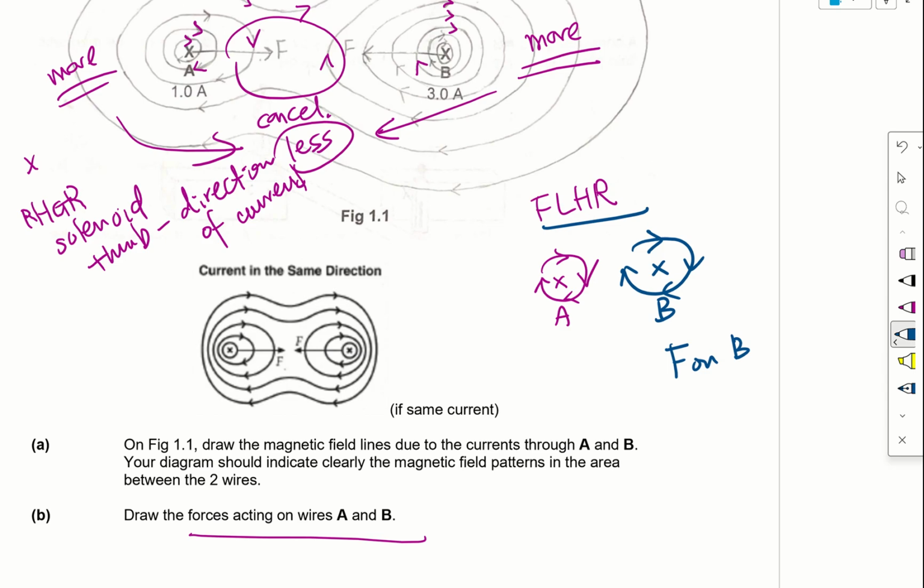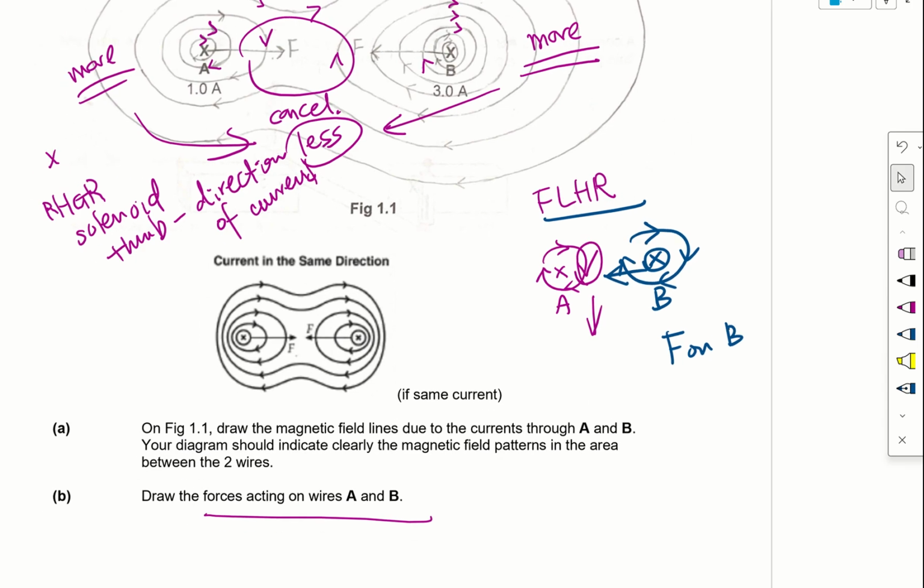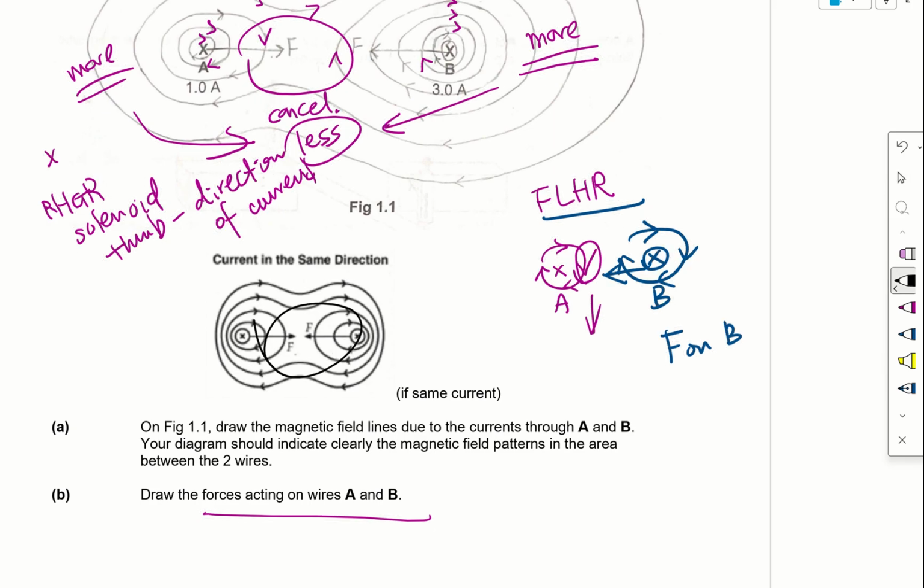But the external magnetic field is actually from A. A is producing a magnetic field, and it is the external magnetic field for B. So your first finger will be pointing downwards, whereas your middle finger will be pointing into the page. Your thumb will then be pointing to the left, and therefore the force on B is to the left. You can apply this for A and you will get the same answer.